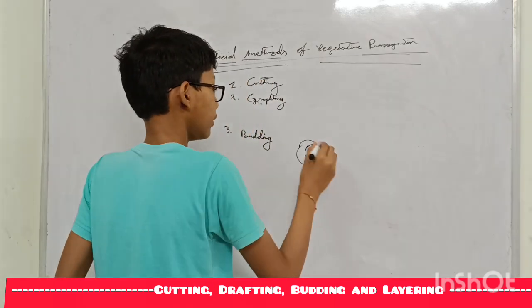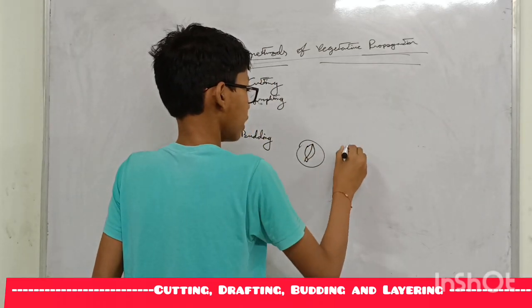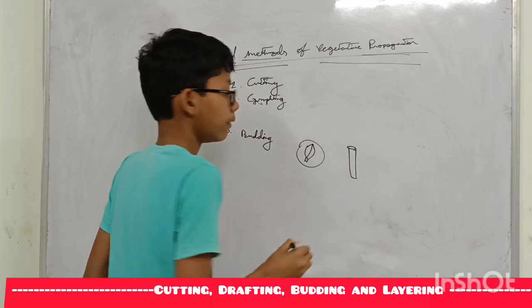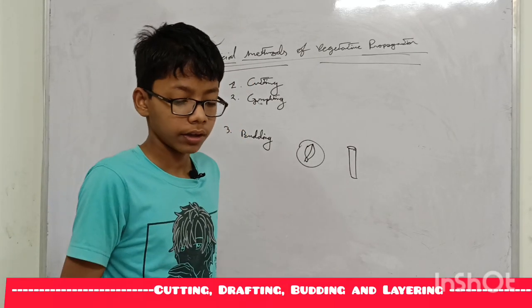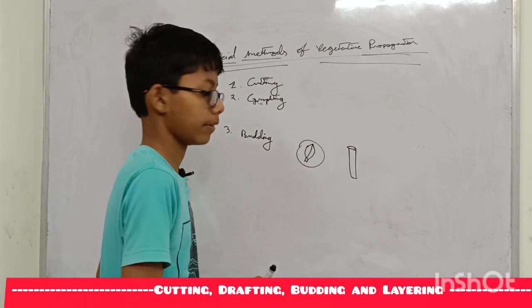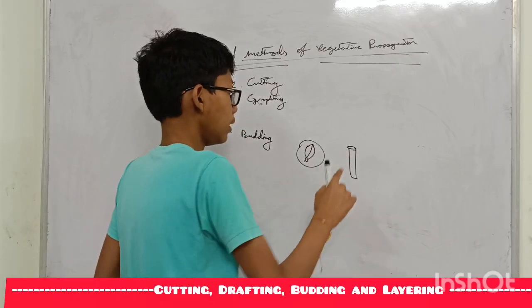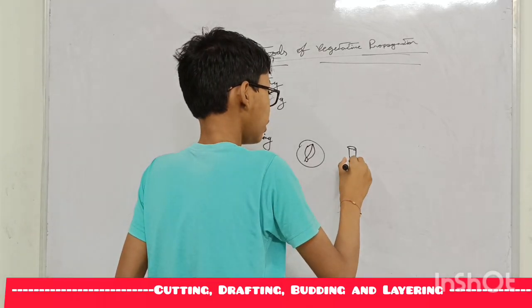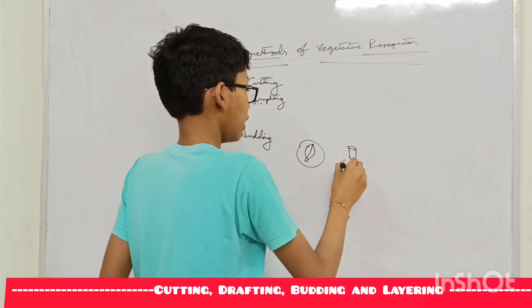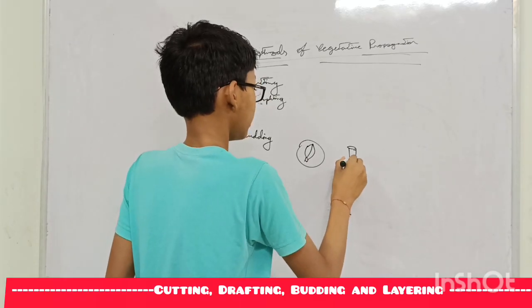So first you have to take a bud and a stem of the selected plant or desired plant, and then the bud is inserted into a small slit which is made by whoever is doing the process.